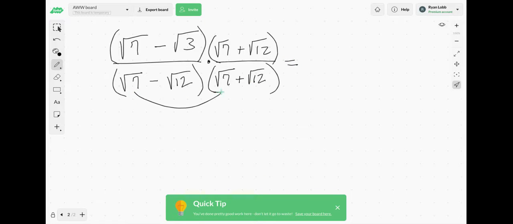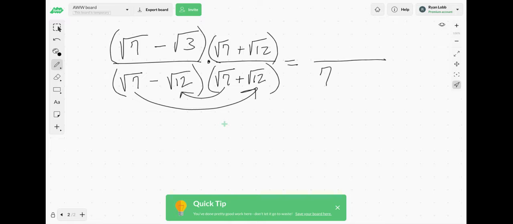We have the square root of 7 times the square root of 7, 7. We have the square root of 7 times the square root of 12, which is square root of 84, positive. Here we have a minus square root of 84, so those cancel.